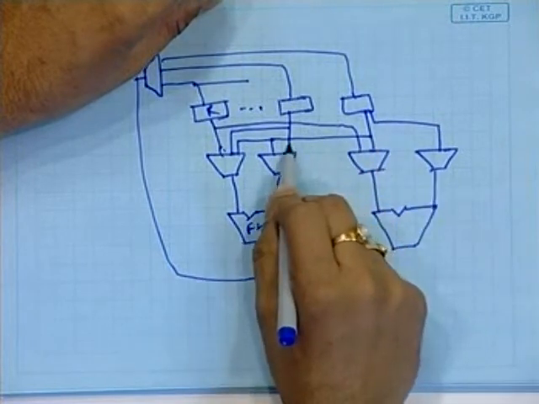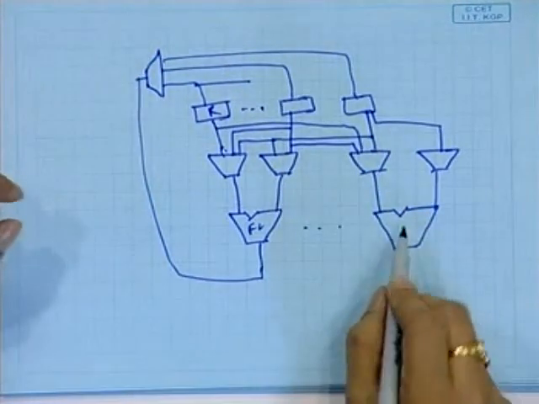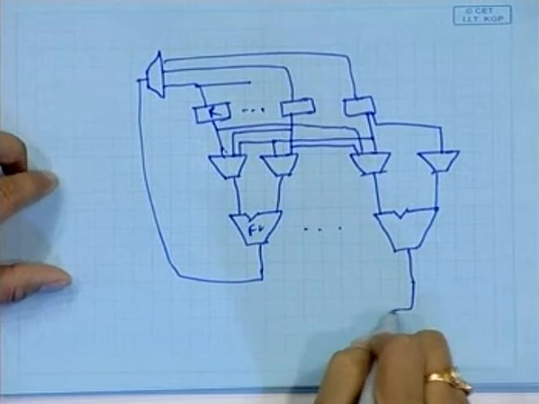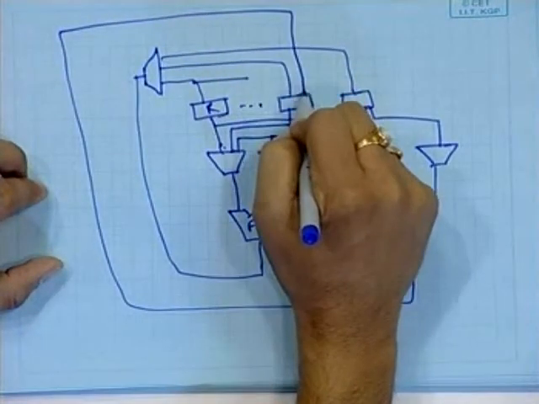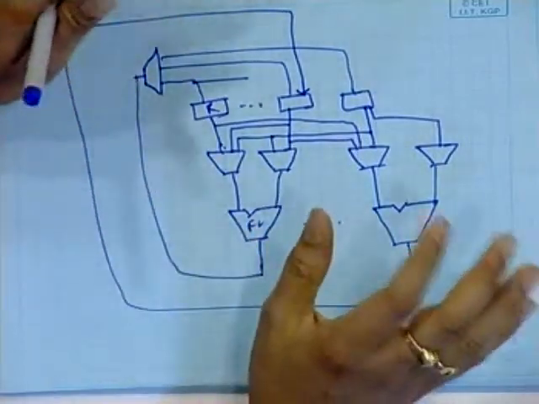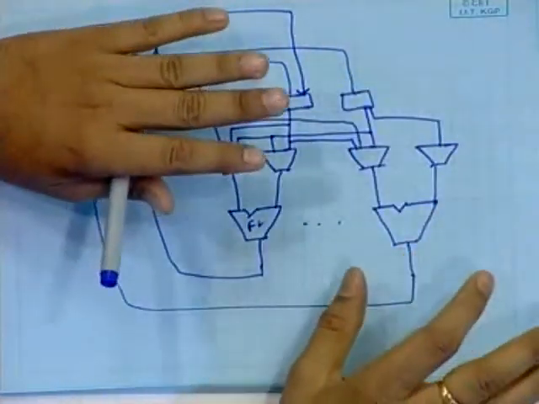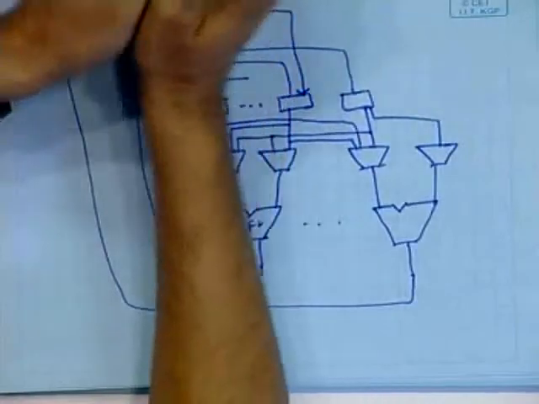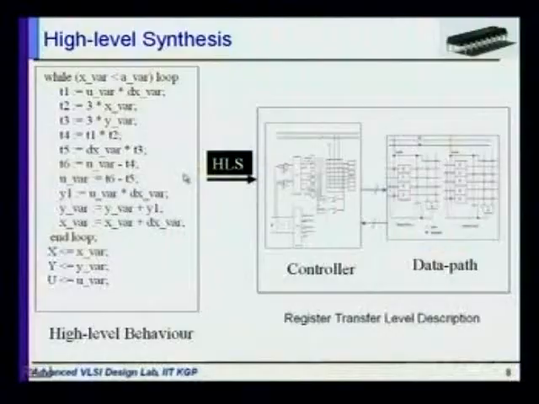Maybe like this. So you can view your RTL level description like this. It consists of a set of registers, some function units, some interconnection components. From a behavior like this, you have to reach this level, which will perform the operations in the behavior.